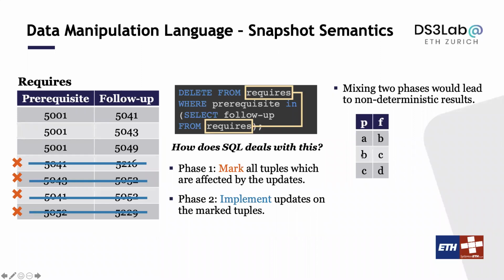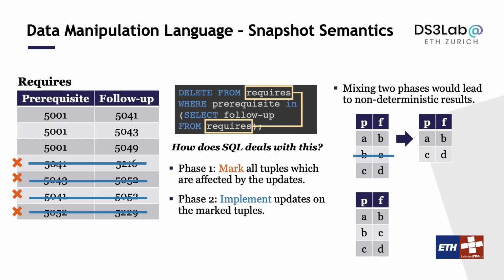Clearly B, C satisfies this condition. If I remove that immediately, I will not find another tuple that satisfies the condition, and I'm going to give you a relation with 2 tuples. However, if I do the markup, I'm going to find 2 tuples that need to be deleted. If I delete both, I'm going to give you essentially a single tuple.